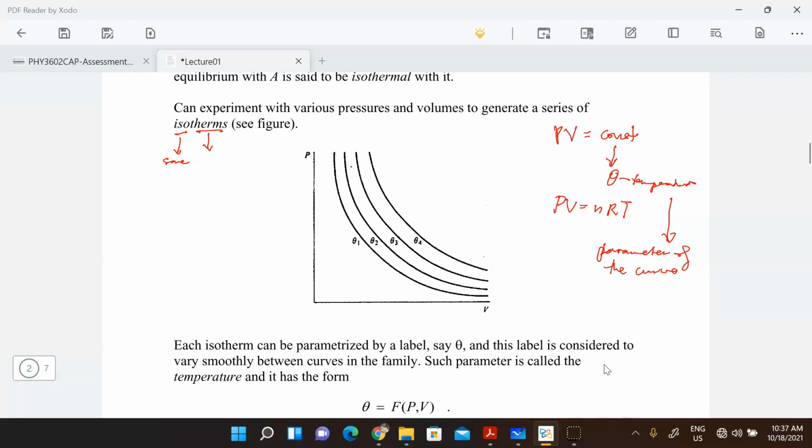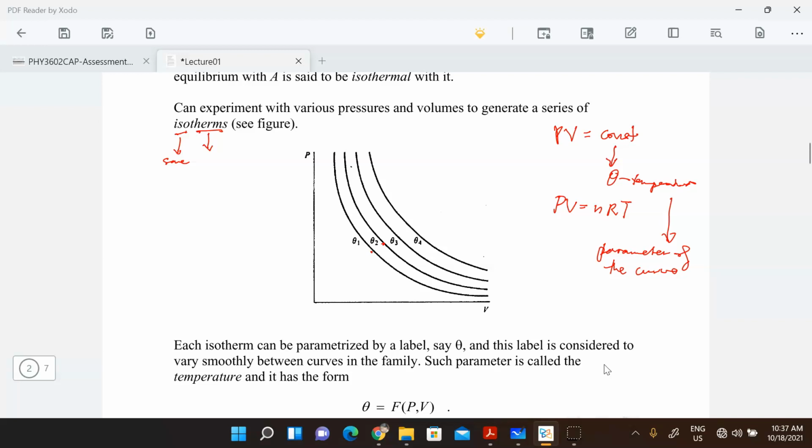You can go from this curve to this curve smoothly, you can change the curve smoothly. So in other words, the family of curves is parameterized by theta, but your theta smoothly transits from each curve to the other curves.